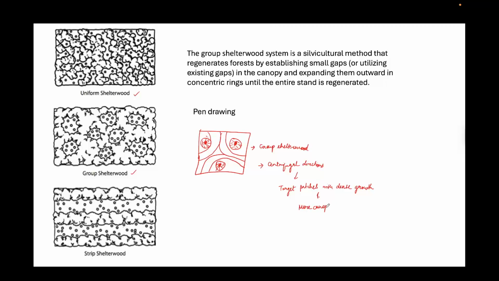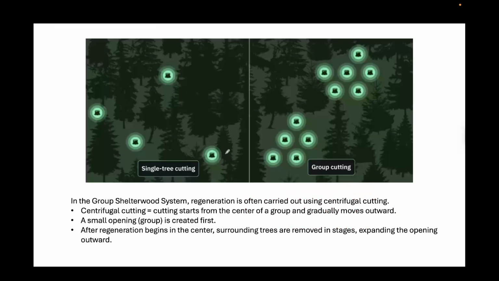The area of the forest where there is a lot of canopy, that is the area preferred for a group shelter wood system, and the felling begins around that area in a concentric circle.